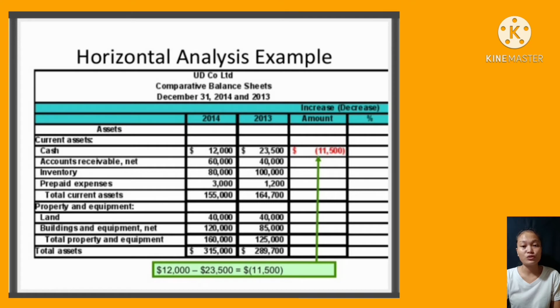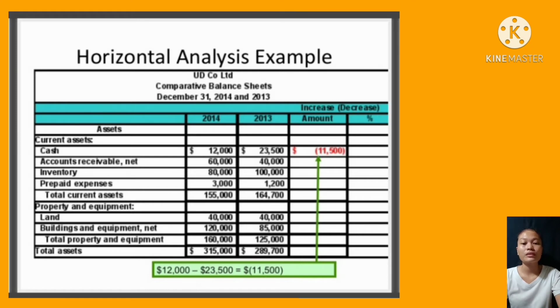Using the comparative balance sheets of UD Corporation Ltd. dated December 31, 2014 and 2013, first we should calculate the change in monetary amounts. That would be $12,000 minus $23,500, which is equal to negative $11,500.